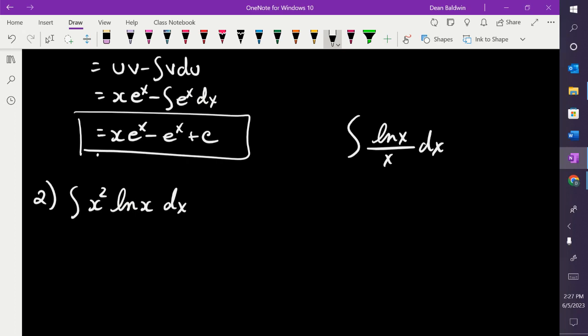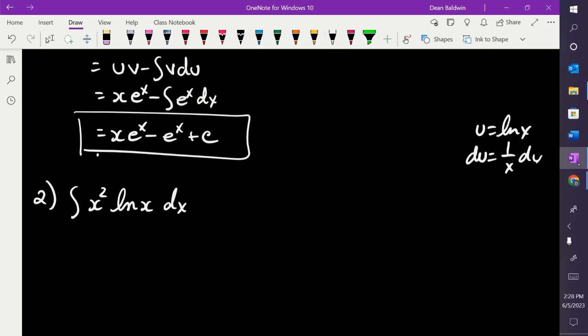You don't. Why? Because if I say u is equal to natural log of x, the derivative is 1 over x dx. So that subs that out, right? U substitution is your go-to because it's easy, all right? But if it doesn't work, then you have to go to integration by parts.